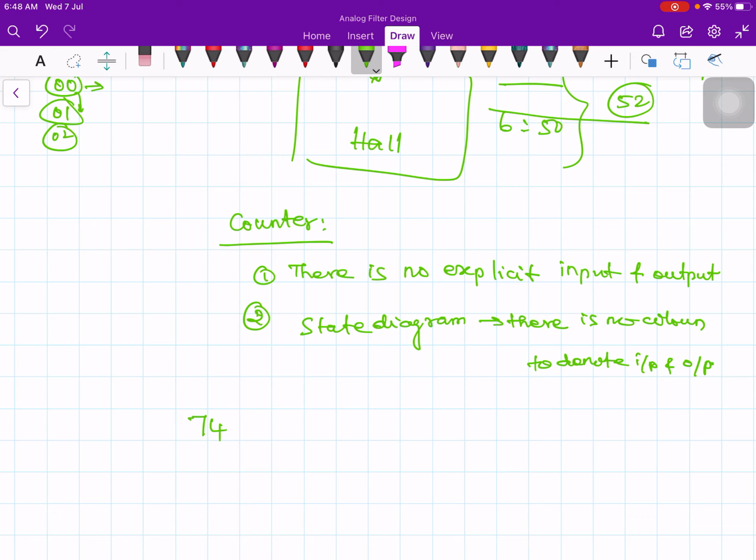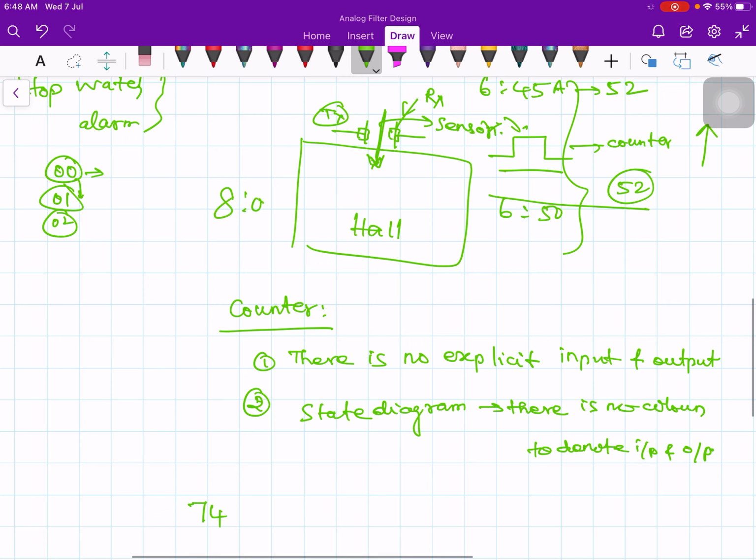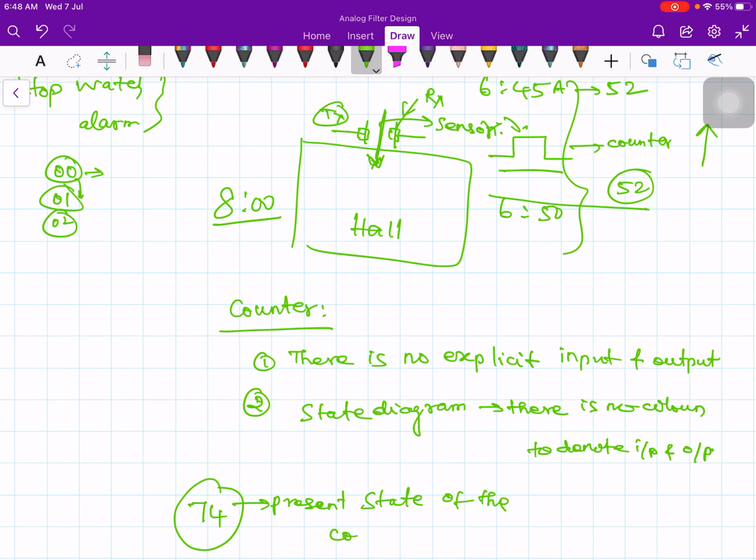Suppose the event starts at 8 o'clock. You wait until 8 o'clock, and the moment you reach 8 o'clock you close the door and look at the counter value. Let's say the counter value is 74. So this is the present state of the counter at 8 a.m. in the morning.